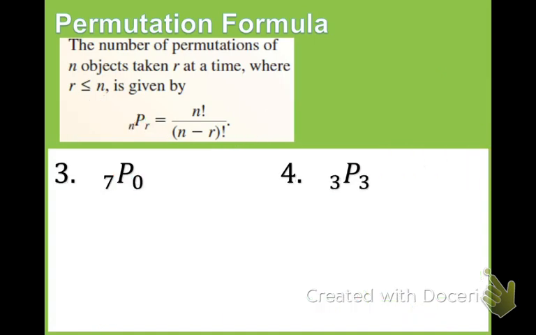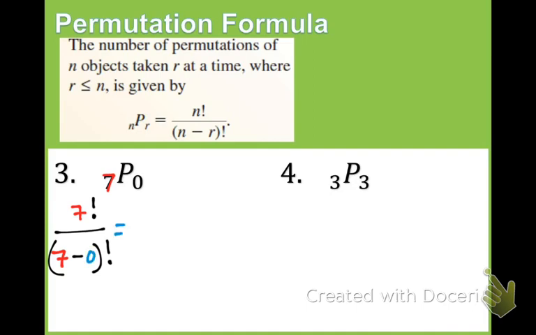All right, so these are 2 special cases. We have 7 permutation 0, and 3 permutation 3. It's going to be the same thing. We'll try to skip ahead a little bit. So what's going to go in the top? 7 factorial. And then the bottom will be 7 minus 0.